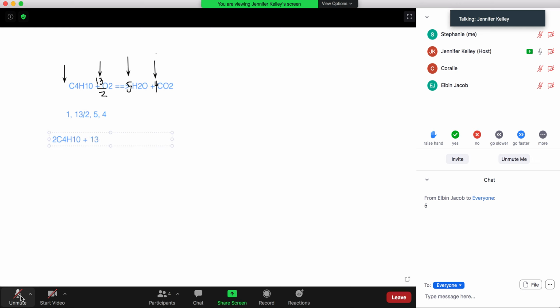So that'll be 13. And then on the other side, we've got the 5 we're going to multiply by 2 and the 4 we're going to multiply by 2. So that's going to give us 10 H2O and 8 CO2.